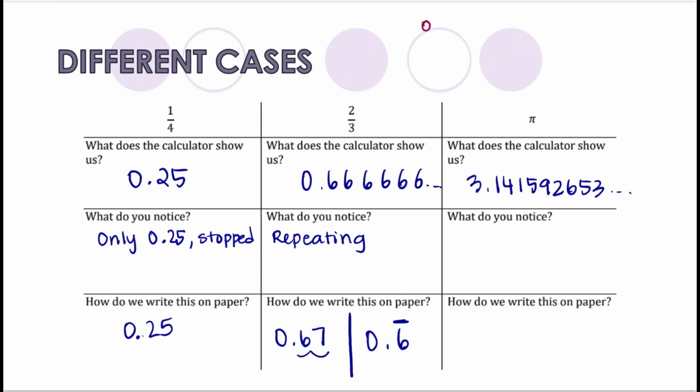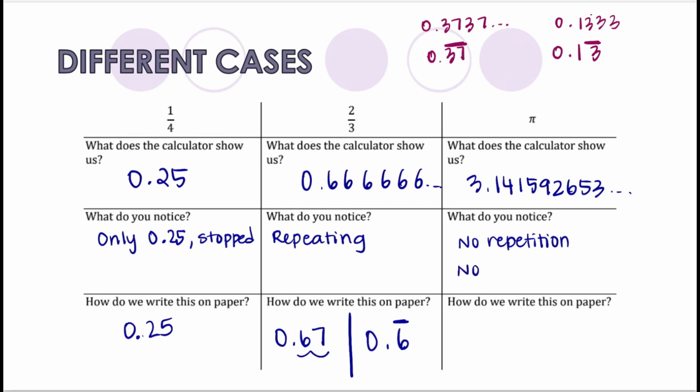So if, for example, you had 0.3737, blah, blah, blah, you would write it as 0.37 with the bar on top of both. The bar on top means that you're repeating everything that's underneath that bar. Or another example would be 0.1333. You would write it as 0.13 with the bar only on top of the 3 because that's the only thing repeating.